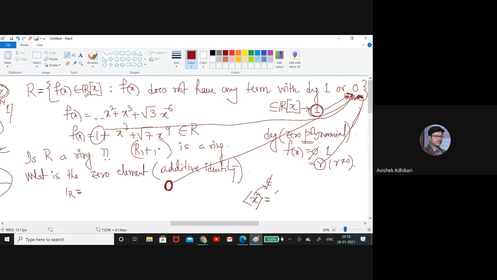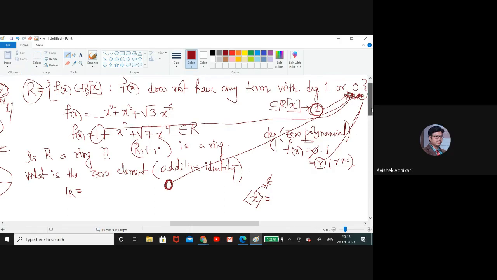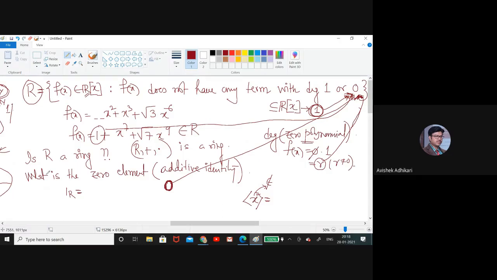Now, if I ask you the question, what is R[x] quotient R? What I have seen is that this is a subring, and so it is itself a ring. Now my question is: is R an ideal of R[x]?